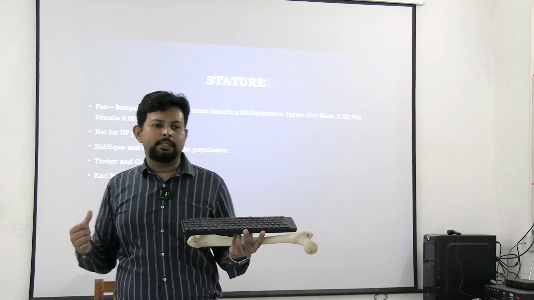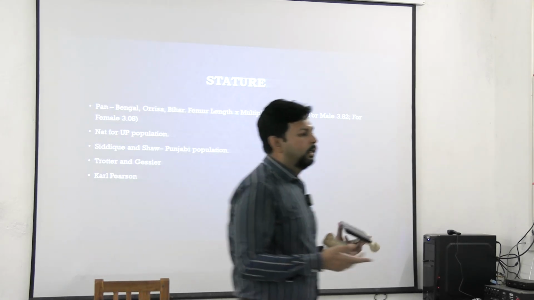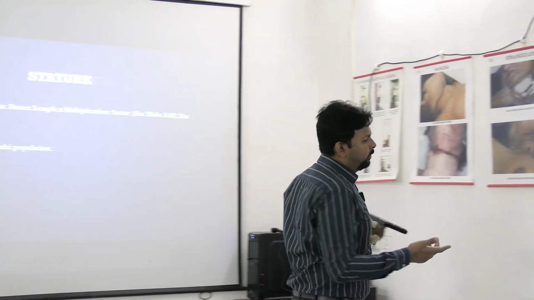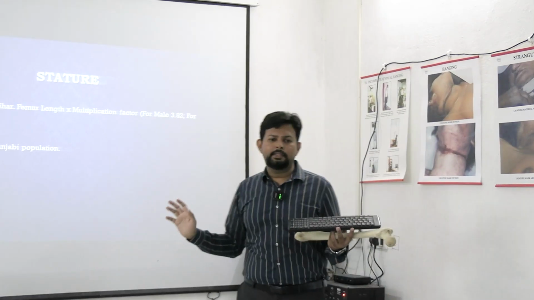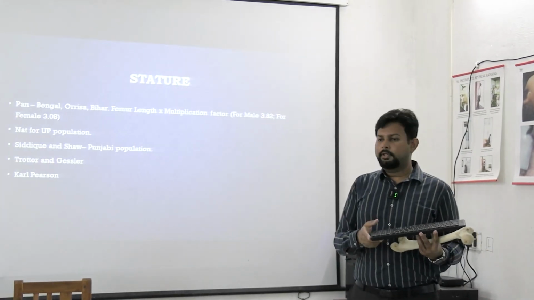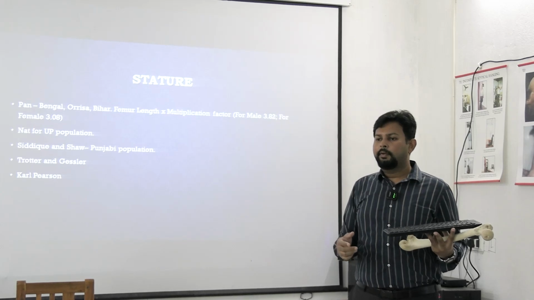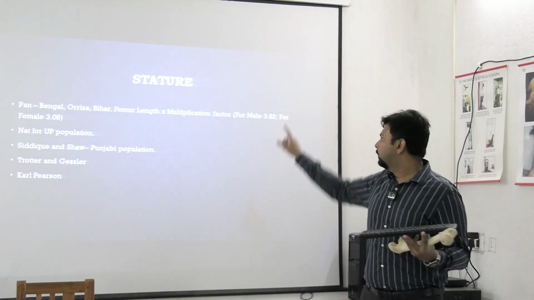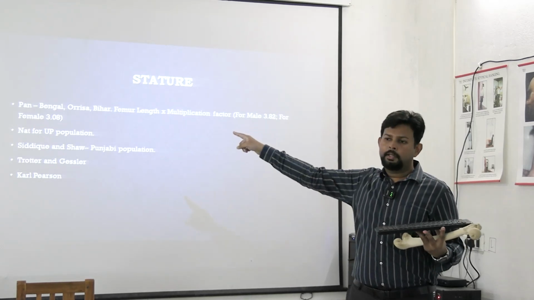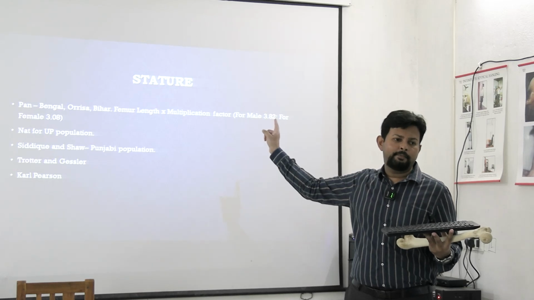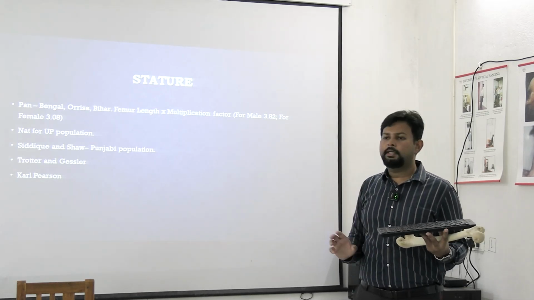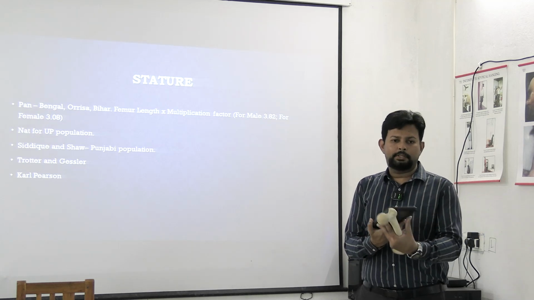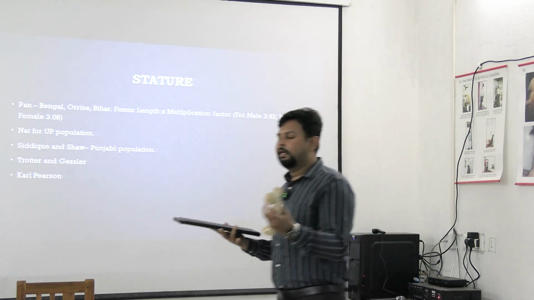So you can state all this, that Nath from UP and Shaw and Siddiqui from the Punjabi population, and Trotter and Gessler and Carl Pearson, they have got their multiplication factors. Names are important. But the first one you have to remember, the multiplication factors 3.82 and 3.08. That's from Pan, because you have to calculate the stature. The bone is available with us, so if it comes in the exam, you have to.